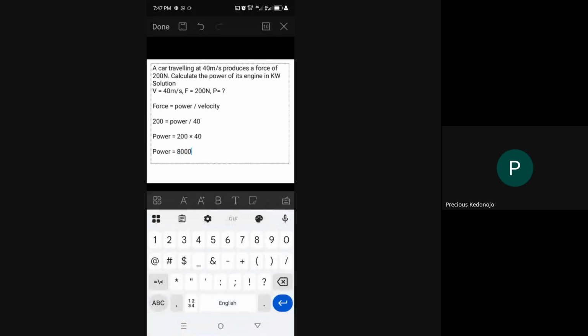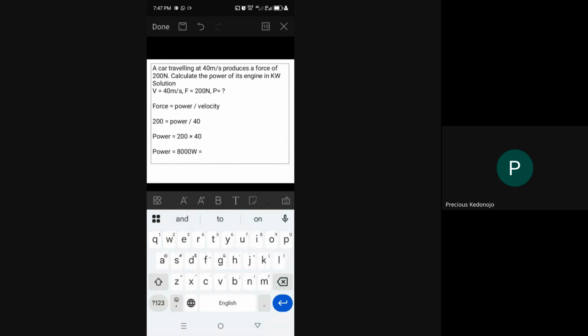The unit of power is watt. But if you look at this question, they say you should calculate the power of the engine in kilowatt. So you have to convert this watts to kilowatt. And one thing about exams is this: you discover that this 8,000 will be part of the options, and it's the wrong answer because they said kilowatt. This is in watt. So if you just see 8,000 and you choose it, you have just done nothing.